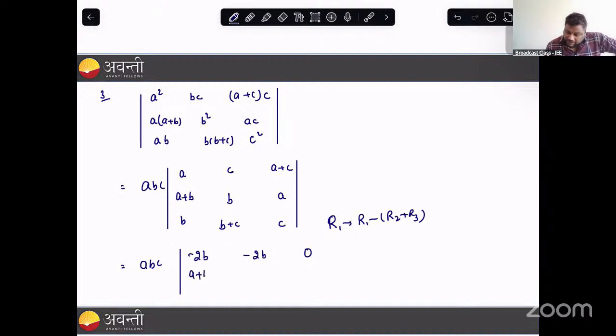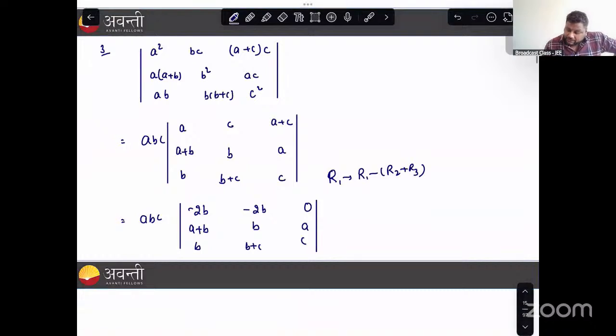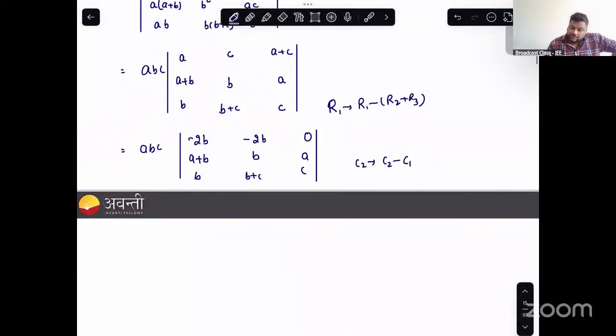Then it is A plus B, B, A, B, B plus C, C. Correct? Now write C2 as C2 minus C1. So ABC is already there. No change in C1: minus 2B, A plus B, B. C2 minus C1: this is 0, this is minus A, this is C. And this is 0, A, C.